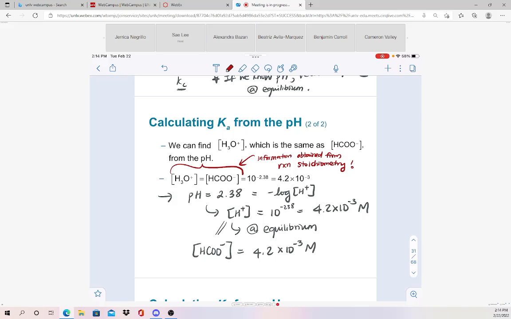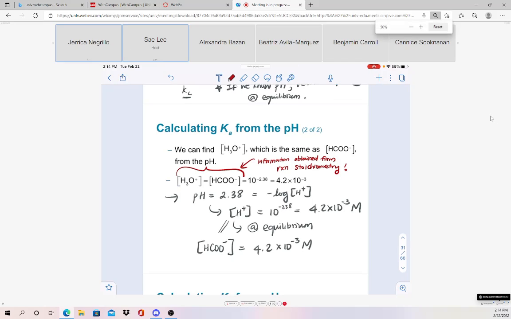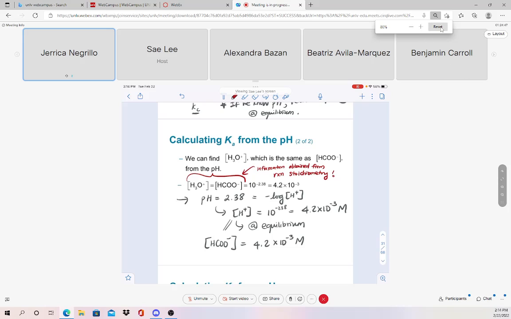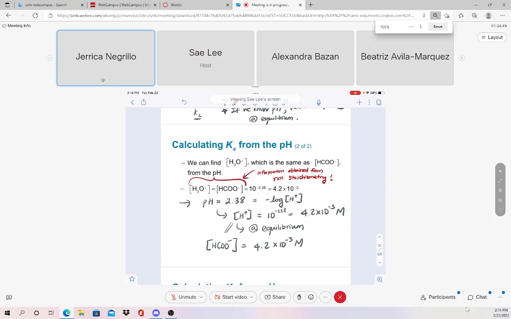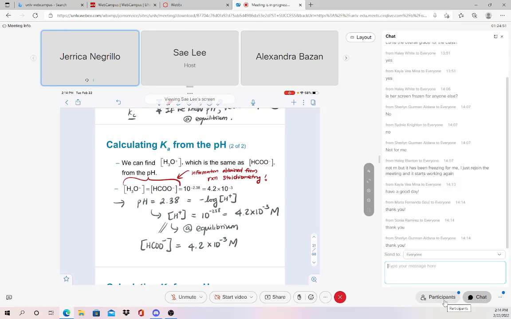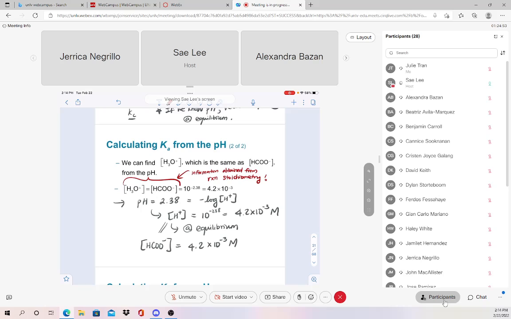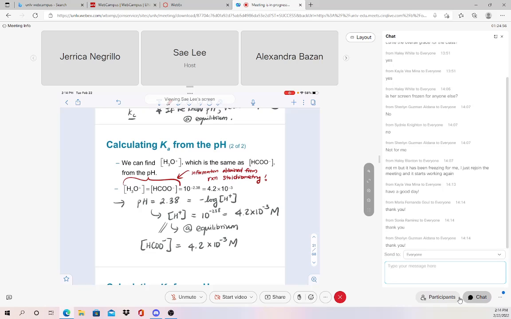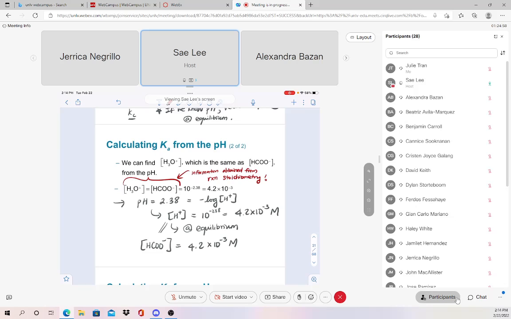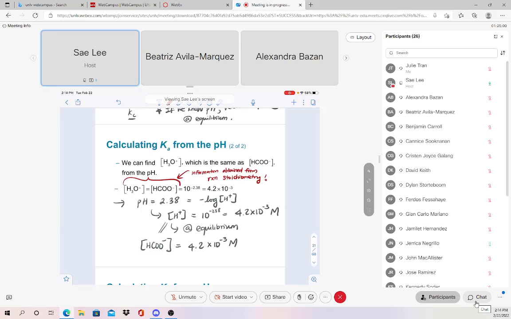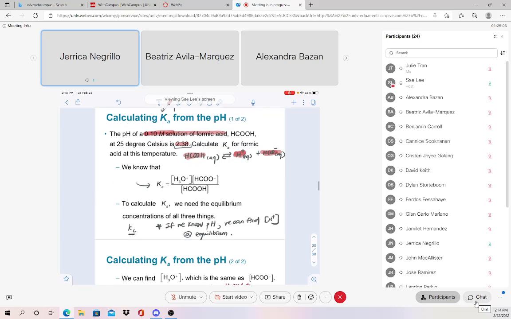Dr. Lee, a quick question. If you're finding the Ka and you already have the concentrations of the products and reactants, do you necessarily need the ICE table? For this slide, you already know the concentrations of the products, and it gives you the concentration of the reactant as well.